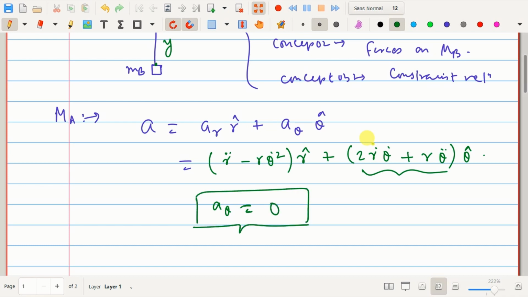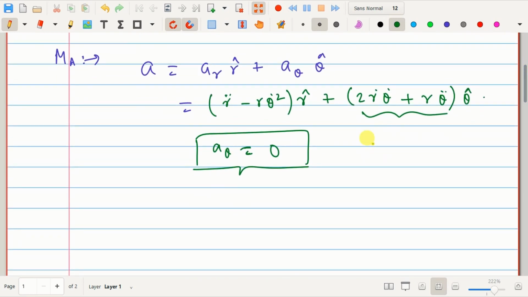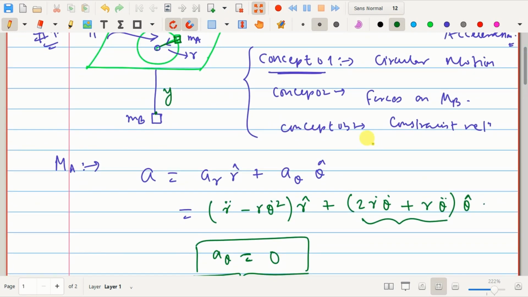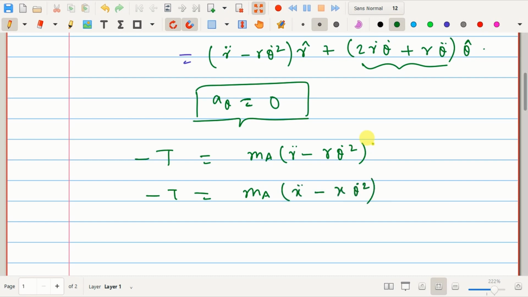Then we don't have to care about the tangential motion. Since this object is attached with a string, it will have a radial component, meaning along the tension it will have some acceleration. Therefore, in the inward direction, minus T is equal to MA (r double dot minus r theta dot square). Minus T is equal to MA (x double dot minus x theta dot square).